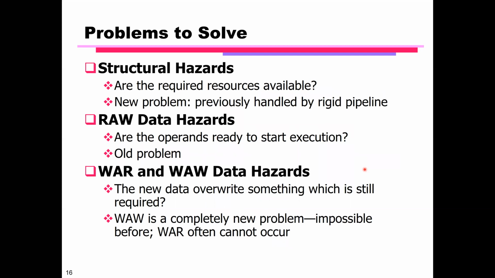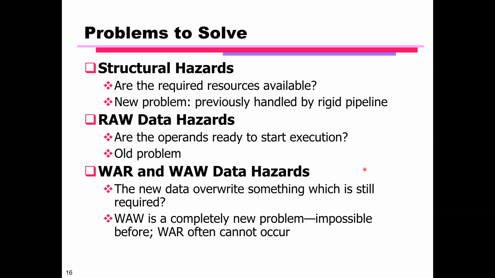Before we had this extremely rigid pipeline and everything was ready by construction. We have the data hazards like the ones before, the read after write, where we go and read a register where a previous instruction most recently tried to write a value.